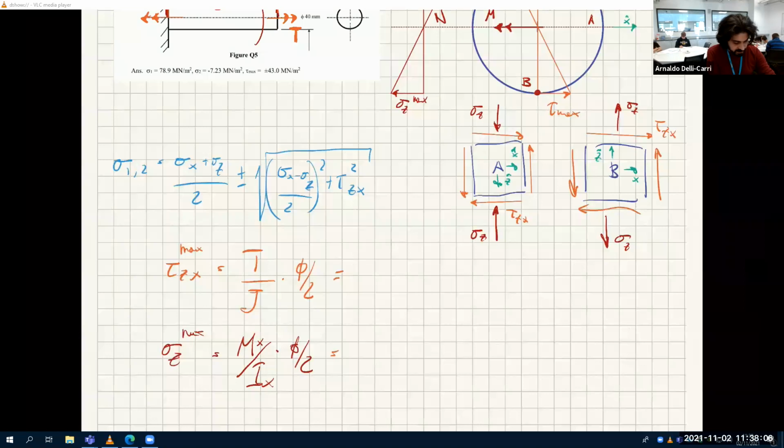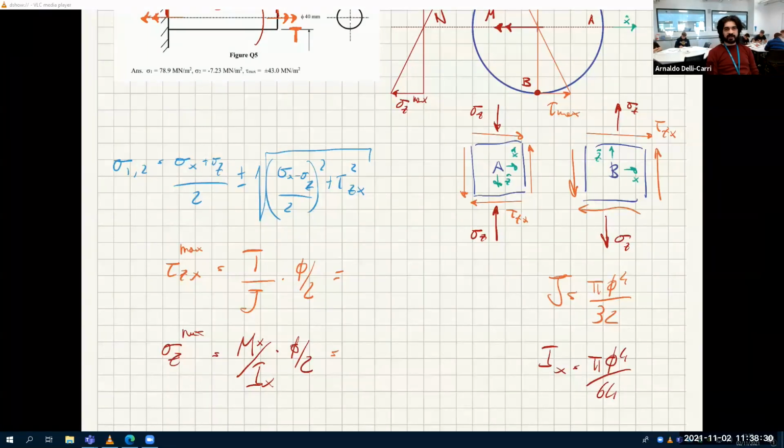Also remember that J is pi phi to the power of 4 divided by 32, and Ix is pi phi to the power of 4 divided by 64.